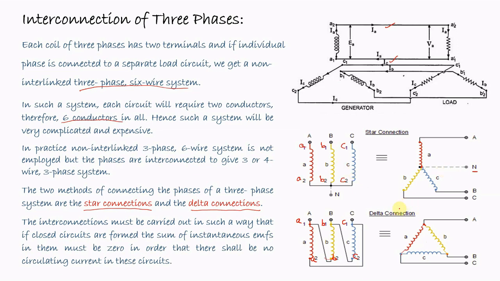It is basically applicable to the delta connected system as the three coils make a closed loop. Therefore, at any instant, the sum of the three induced EMFs should be equal to 0. Otherwise, there may be a circulating current within this loop and this is not desirable.